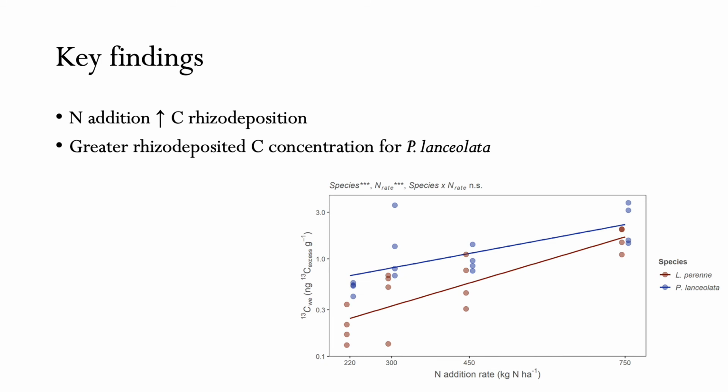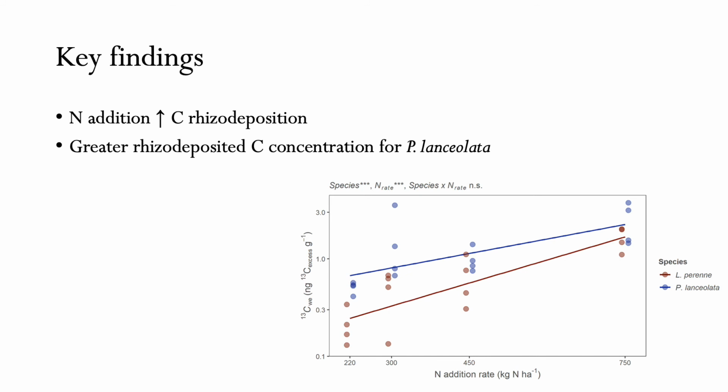You can see here on this pattern very clearly that the concentration of this rhizodeposited carbon increased for both plant species, mostly proportional with increasing nitrogen addition. You can also see that the plantain released overall more carbon into the soil than the perennial ryegrass for the labeling period.